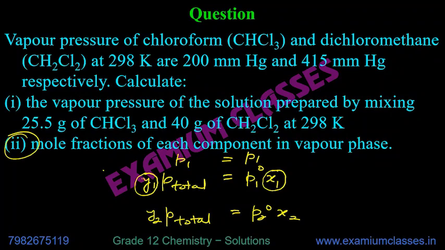The mole fraction of component 1 in the liquid. What is X2? The mole fraction of component 2 in the liquid. What is P total? The total vapor pressure above the liquid. What is Y1? The mole fraction of component 1 in the vapor. What is Y2? The mole fraction of component 2 in the vapor.